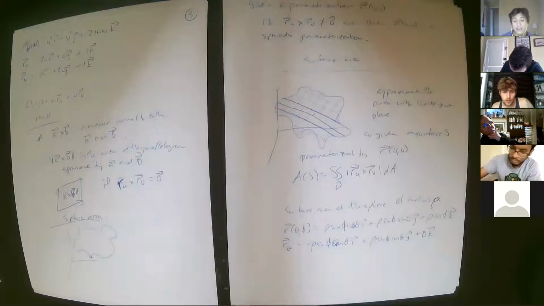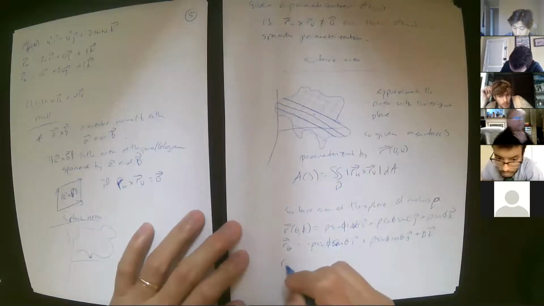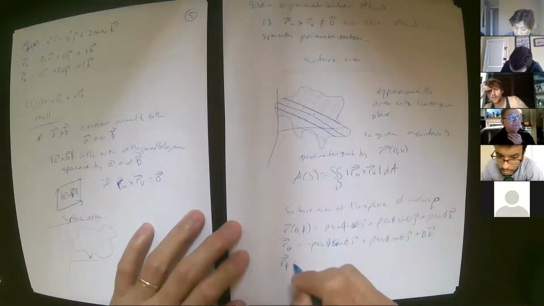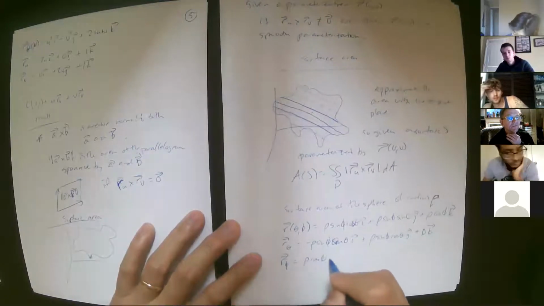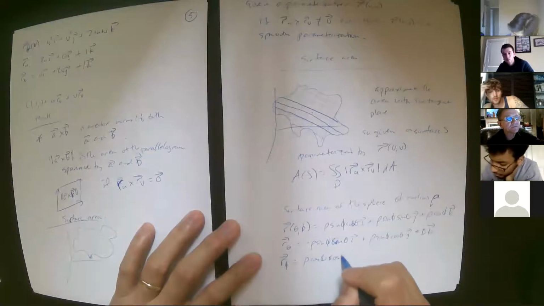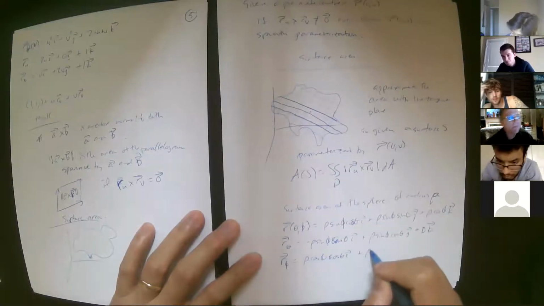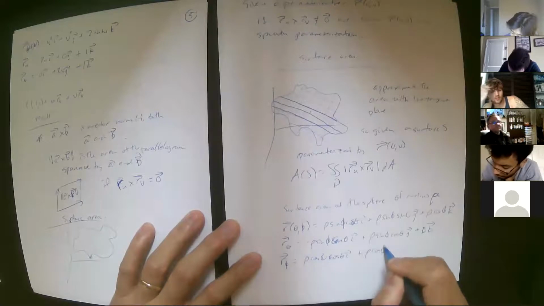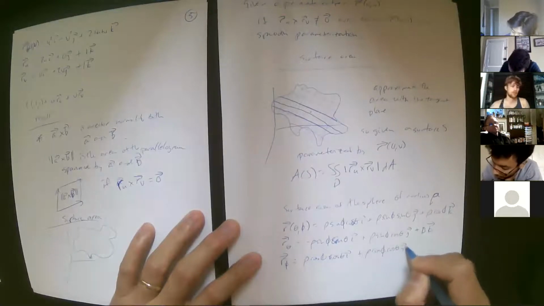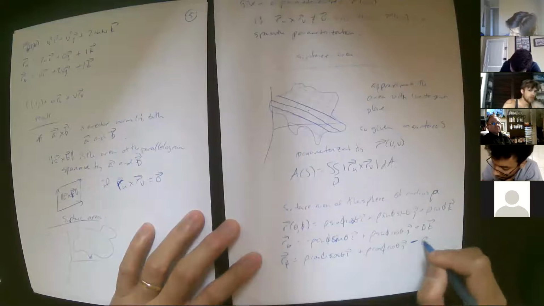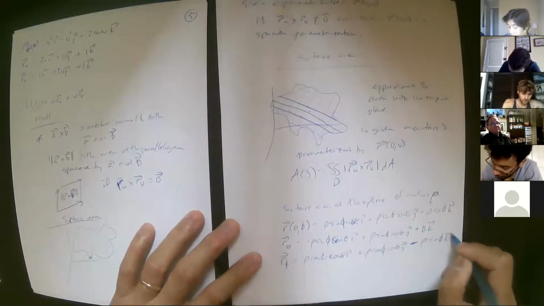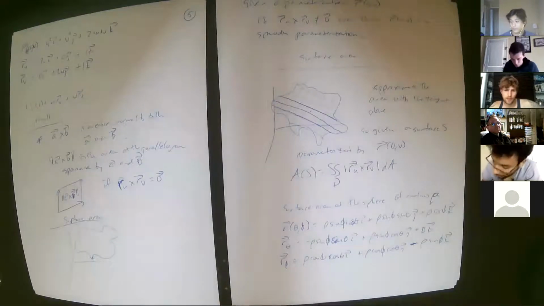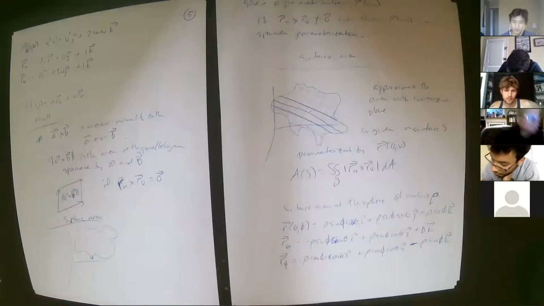Just taking the derivative with respect to theta. R phi is rho cosine phi cosine theta i plus rho cosine phi cosine theta j minus rho sine phi k. Please check my arithmetic.